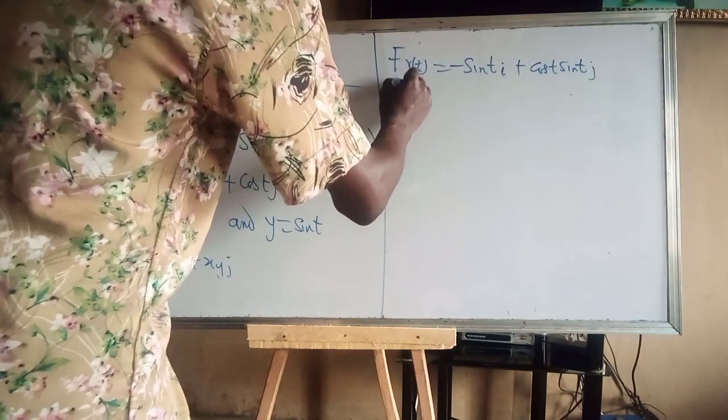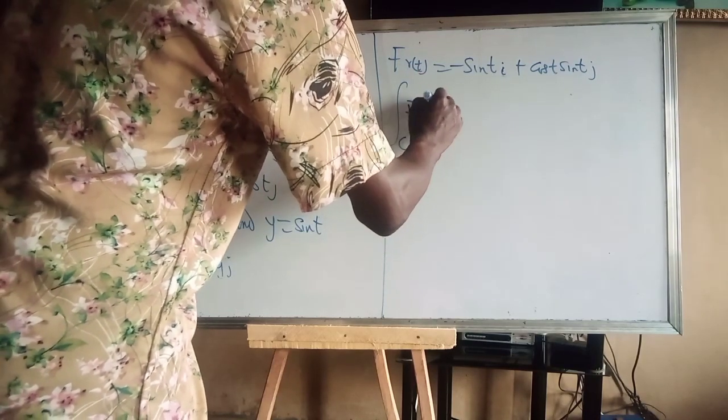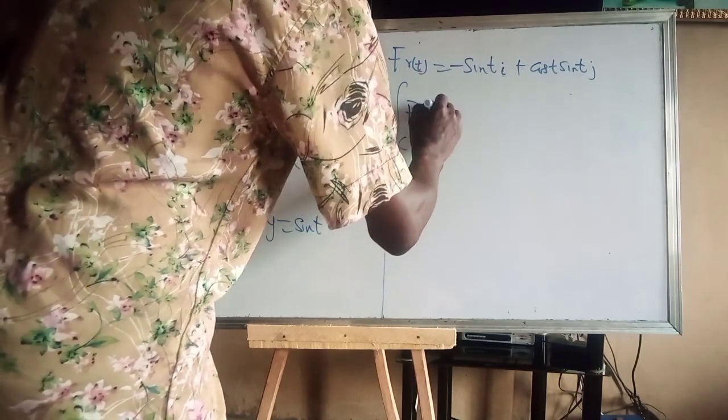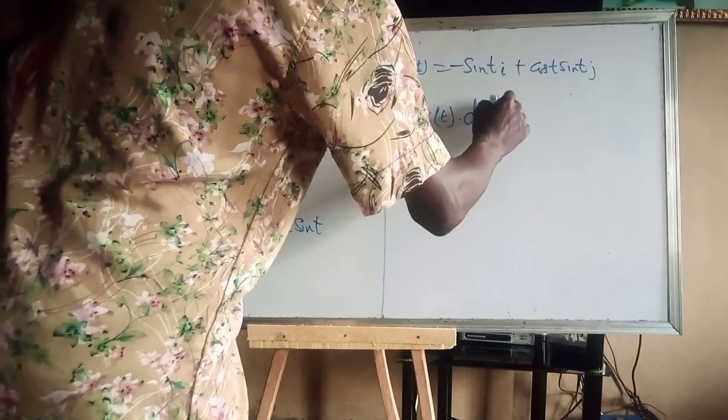That implies the integral running over the curve, f of r of t dotted with r prime of t.